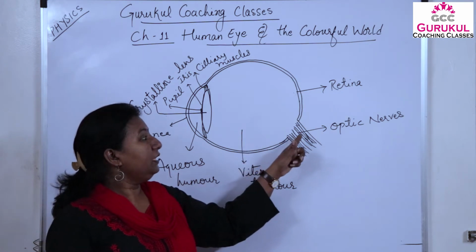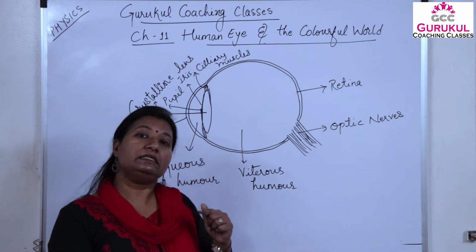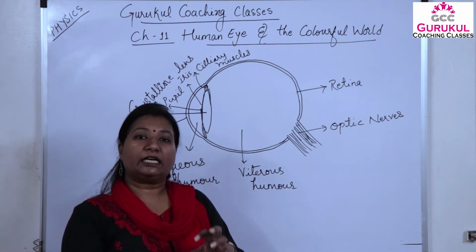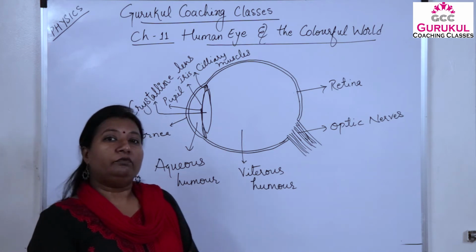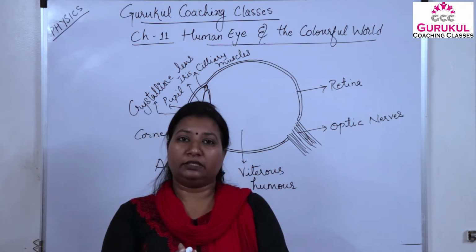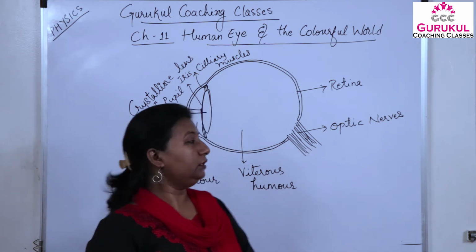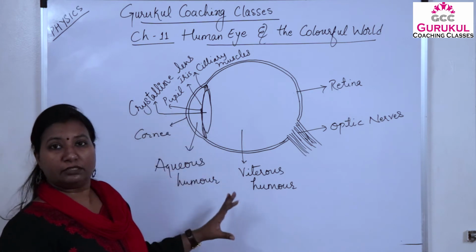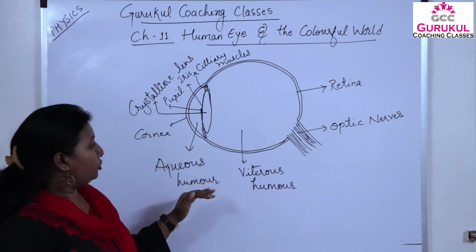Because optic nerves are passing the impulses to the brain, and the brain is interpreting how the object actually looks, right? So we never see the image inverted. We always see the objects erect, right? So these are the different parts of the human eye, and we have discussed their functions.